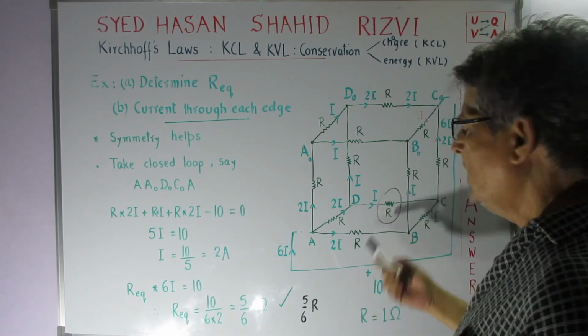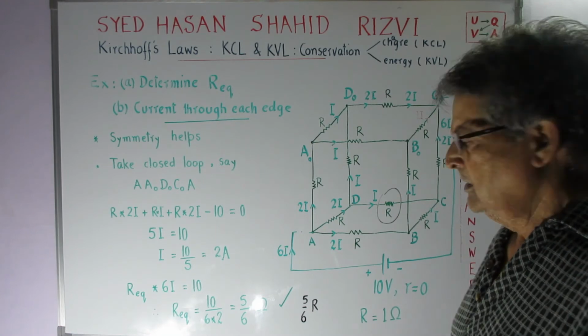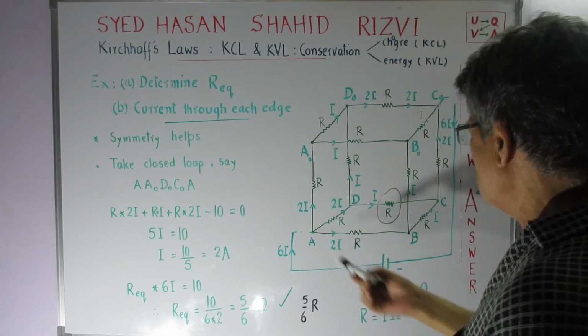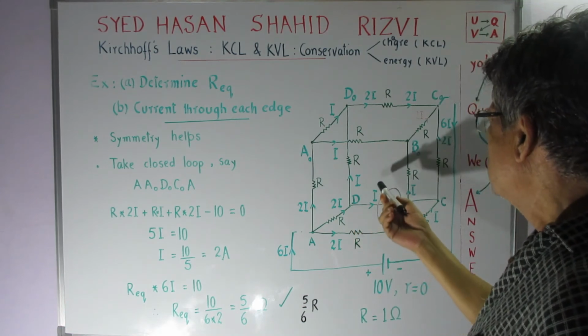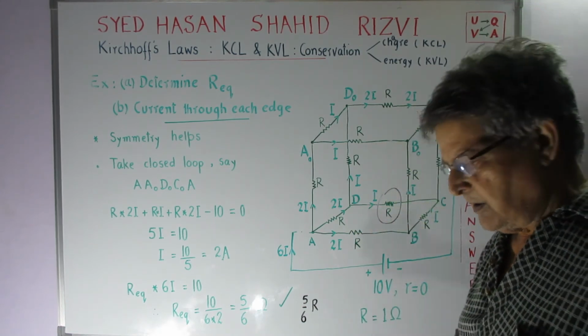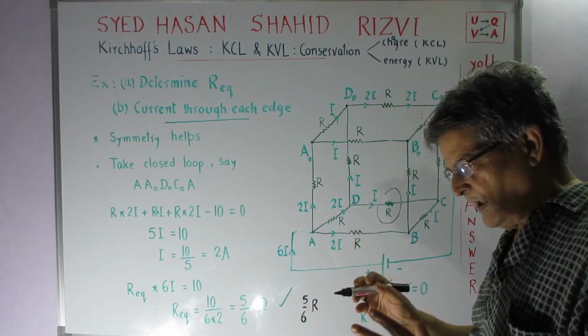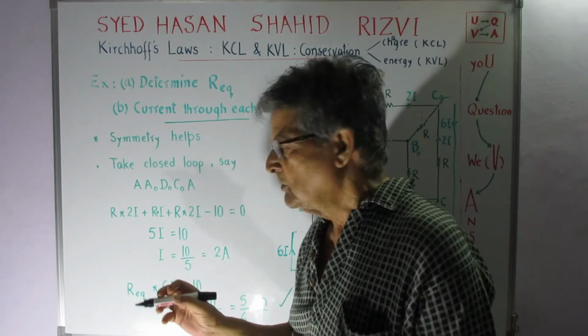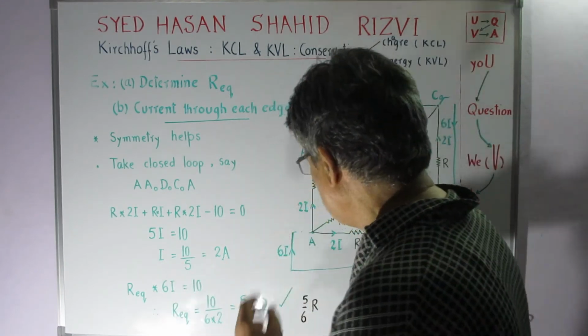Simply I square R. So we can make those calculations. How much is the total power dissipated? Various values of I square multiplied by R, and because that will not be any algebraic sum, but a simple arithmetic sum, we can calculate it out.